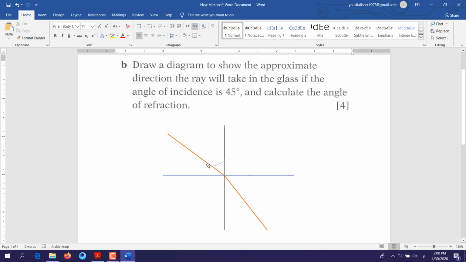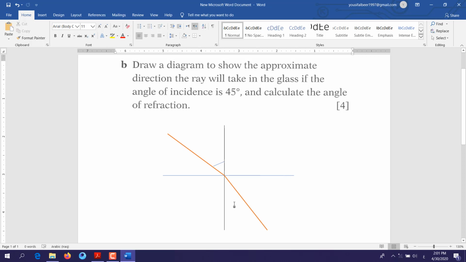It shows the line that separates the two surfaces, which are air and glass. Here it will be air at the top, and here it will be glass. Now, because the light is passing from one medium to another, what will happen? Of course, the light will bend, it will refract.